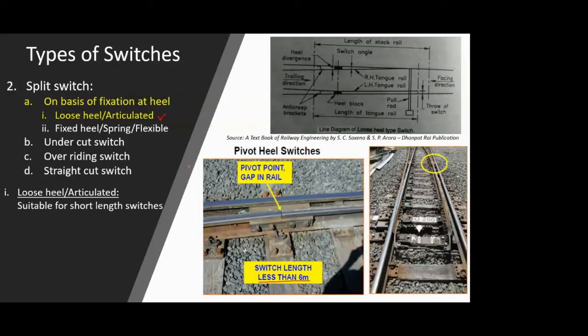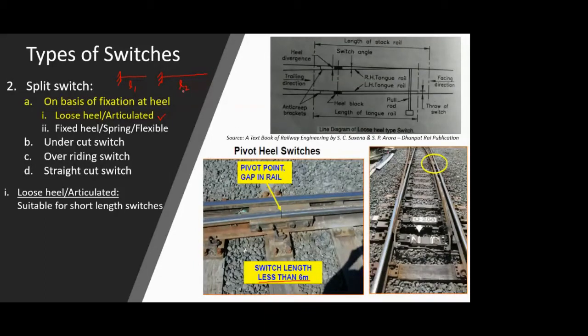Now it's obvious if you compare it with the cantilever analogy. If I have this L1 distance, and another cantilever beam which has L2 span, this L1 span is obviously less than L2 span. So whatever the deflection and moment, the moment will be much more in the case of L2.